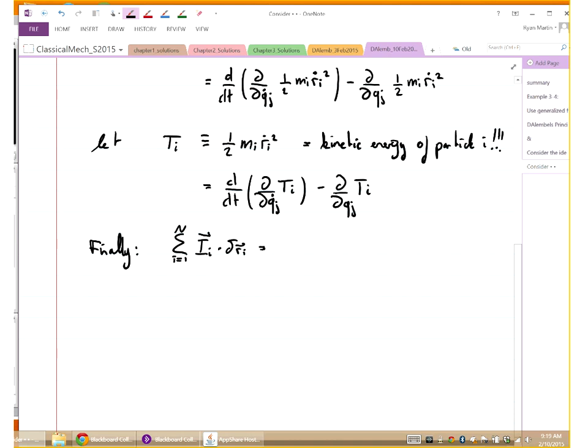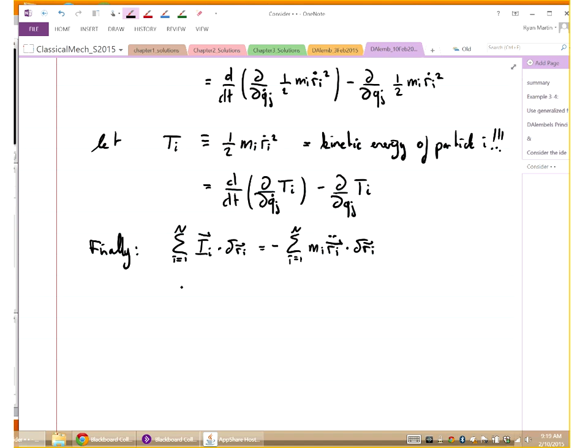That was the whole goal of this mess. So that's this inertial force dotted with delta Ri. So we found that we could write that as minus the sum from i equals 1 to capital N of mi ri double dot dotted with delta Ri.